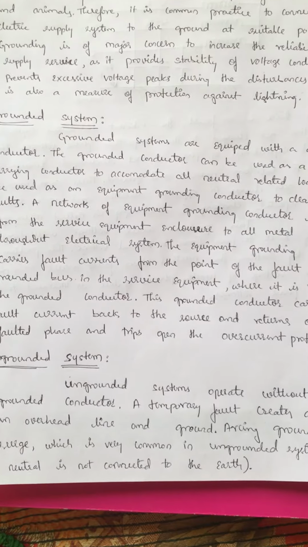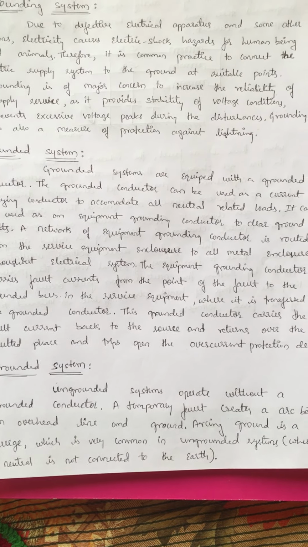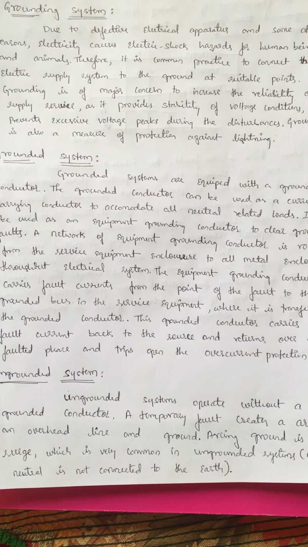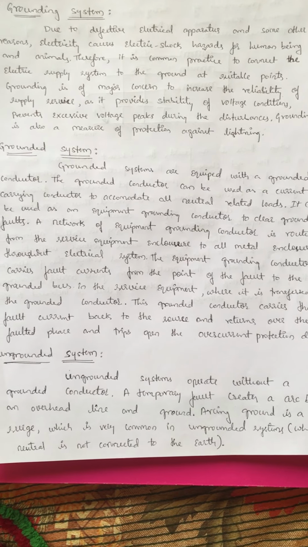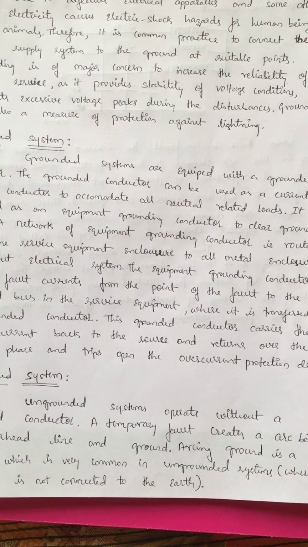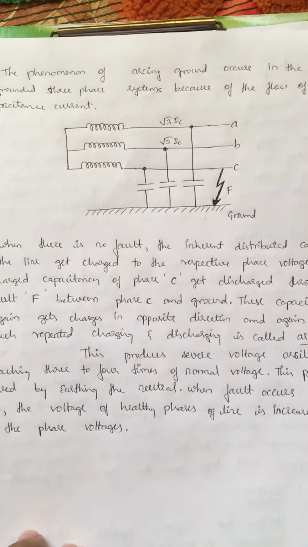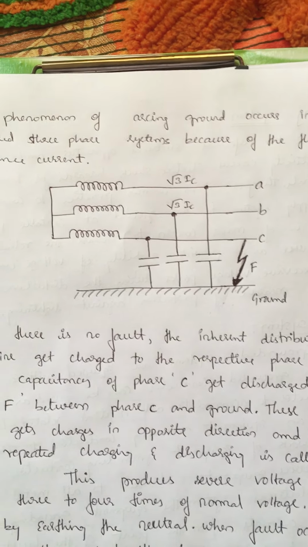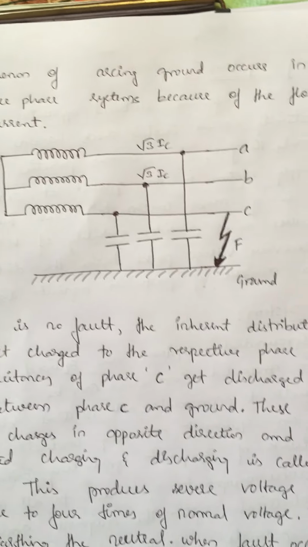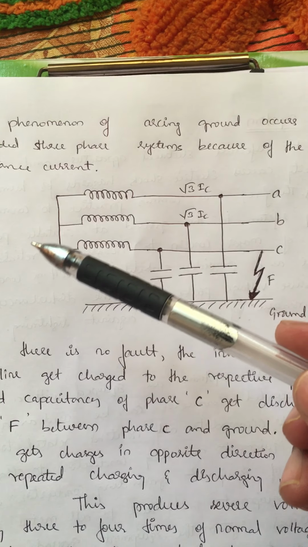Ungrounded system is the one which operates without a grounded conductor. There will be no ground point. A fault creates an arc between the overhead line and the ground here. If you look here, this is a three-phase system, A, B, C, which is not grounded.